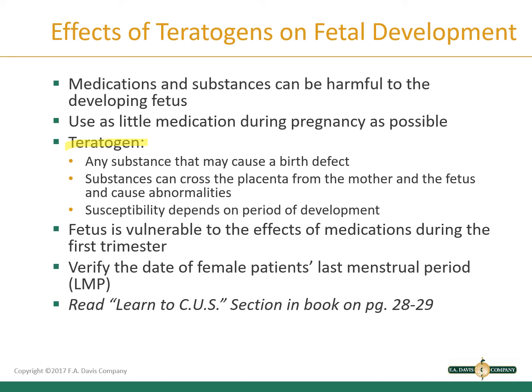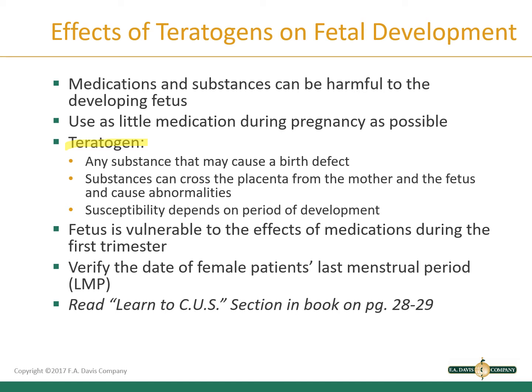So a teratogen is any substance that could cause a birth defect, and those substances can cross the placenta from the mother to the fetus and cause abnormalities. So it can cross the placenta and then expose the fetus to that teratogen.